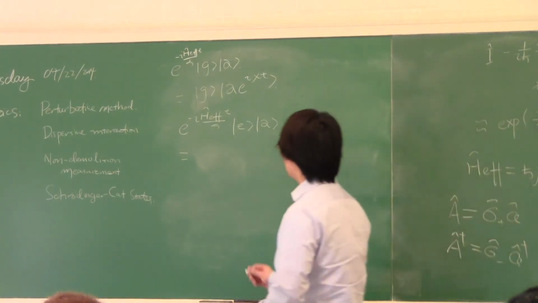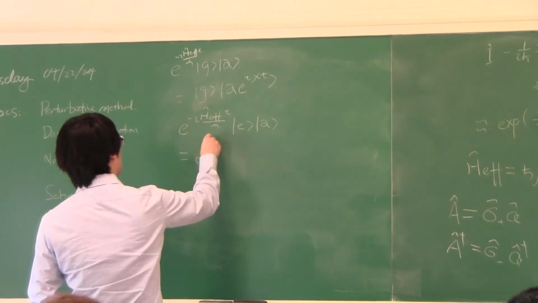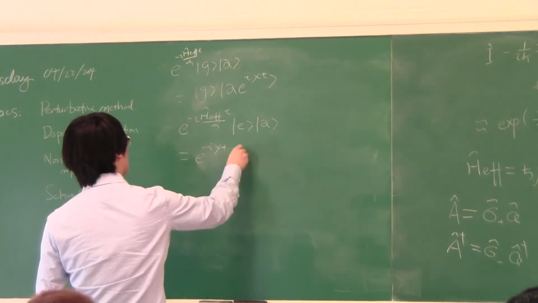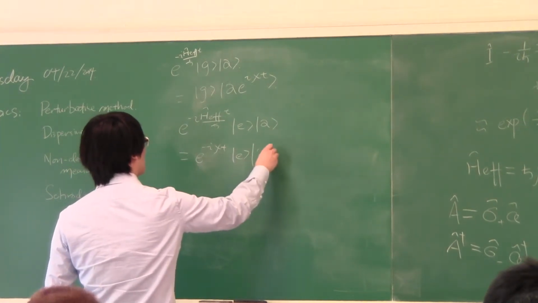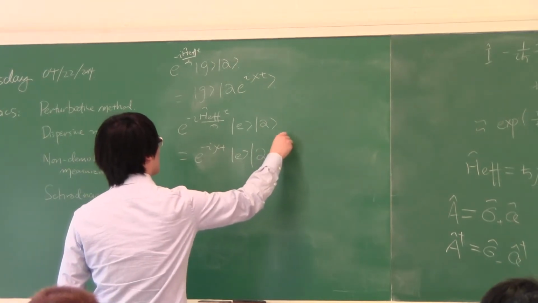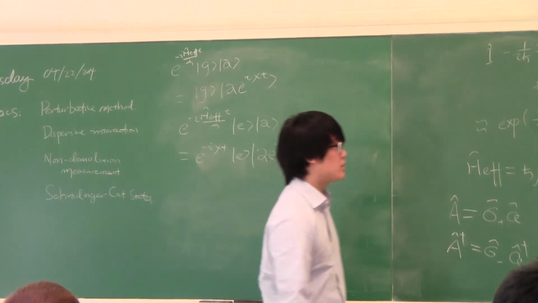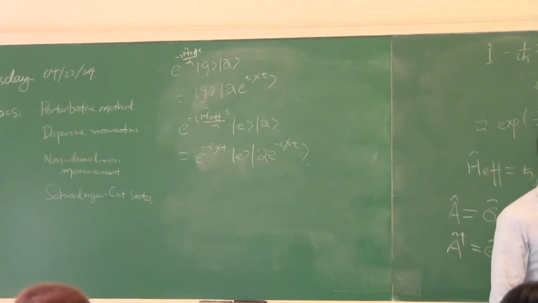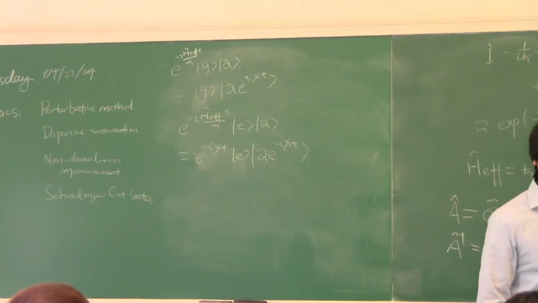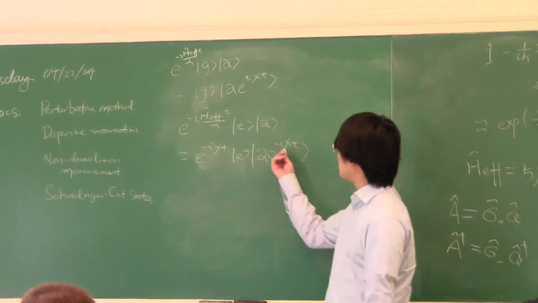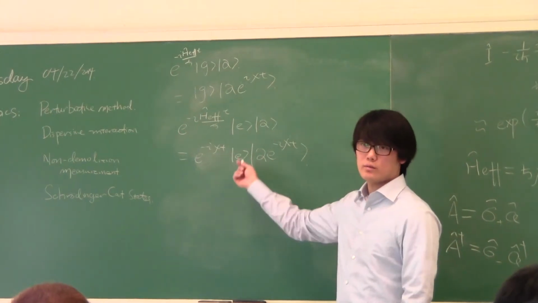So you get e to the minus i chi t, and then alpha e to the minus i chi t. Why is that? That's because in the sigma 3 state, the excited state has a plus sign, so that plus sign is going to help you pick up the minus sign coming from here. So this is what happens.